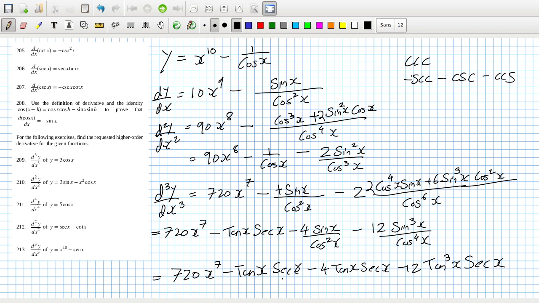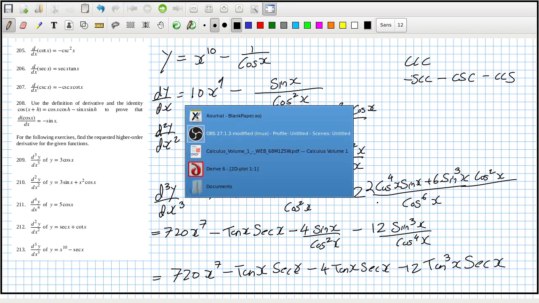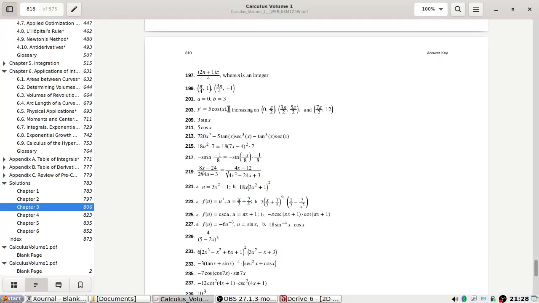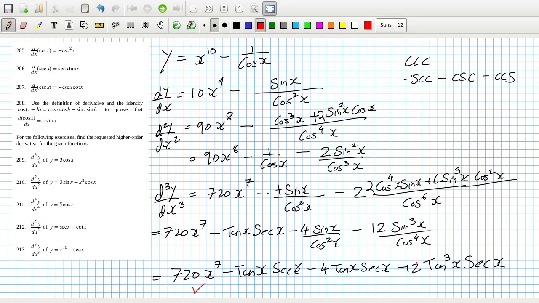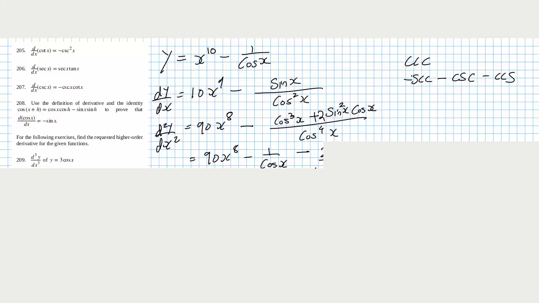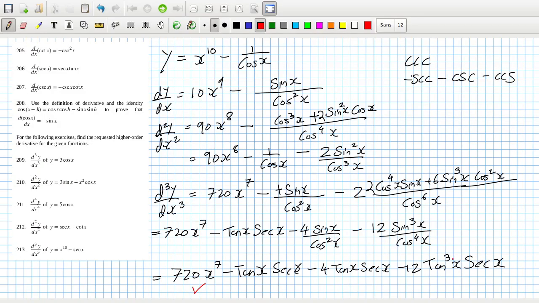So it's kind of cubic and tan. Oh, I'm nervous. 720 x power 7, check. 5 tan x sec cube. No. Tan cube sec x. No. No.